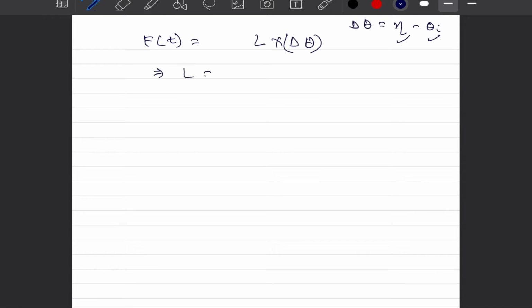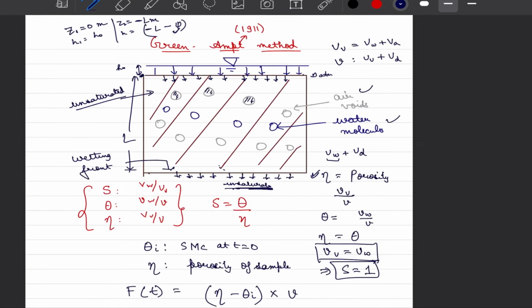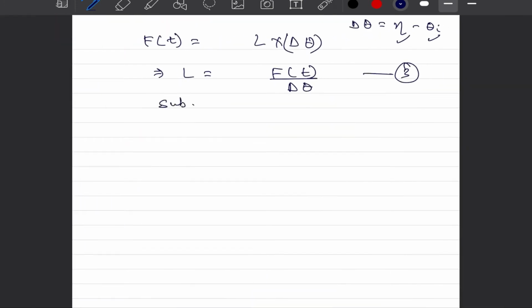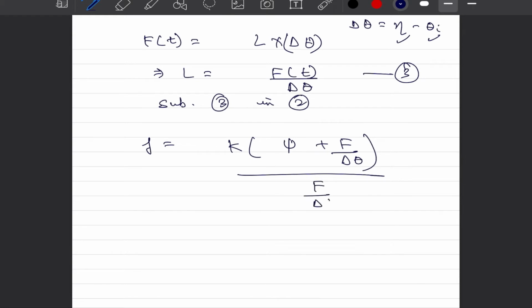Which implies we can write L as F(t) upon delta theta, and this becomes 3. Now we will substitute 3 in our equation 2, and we end up with the expression that f equal to K into (phi plus F upon delta theta) divided by (F upon delta theta).